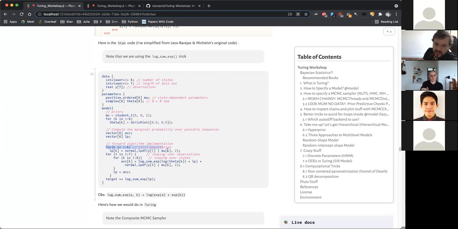For the first observation, we accumulate the log prob of y given the mean of our first state, and we do this for both states. Then we loop over all the other observations for all the other states. People in machine learning know this as the log-sum-exp trick.